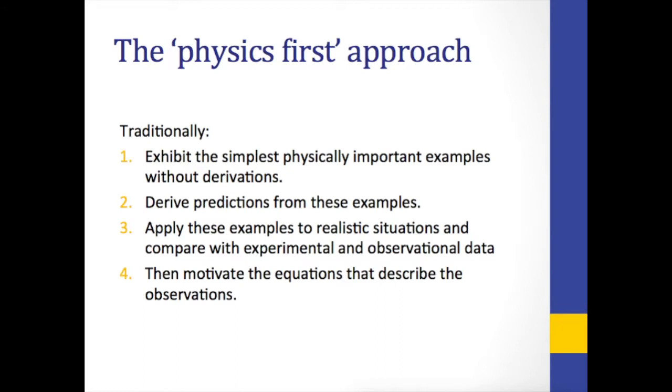And what will it do if I do this to it? Then you're applying those examples to realistic situations. So, okay, we learned this and this about just watching it. So if I were to need something to do something, what could I do to it to make it do this behavior?